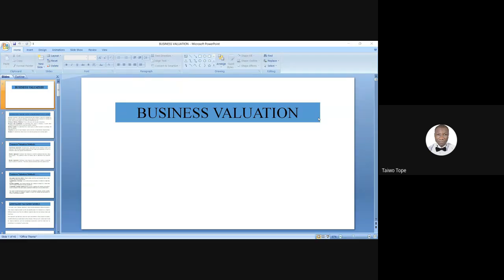Appropriate valuation of a company's assets by experts will always ensure that the fair value of the asset is determined before being sold. For those of you that have passed FR and those still writing FR, some of these things will always set in.